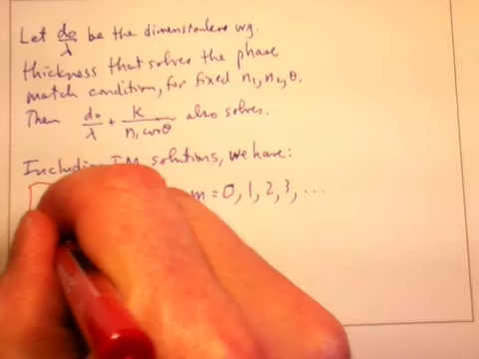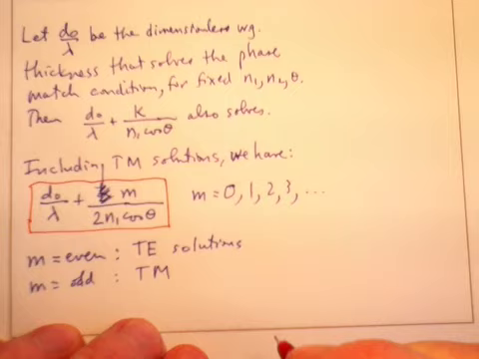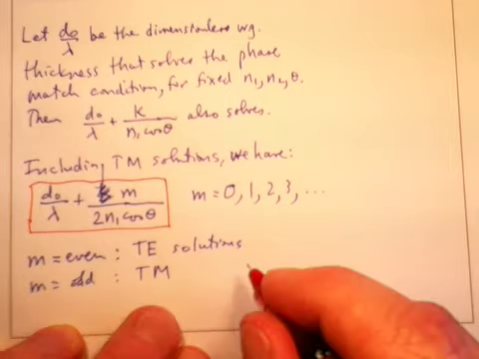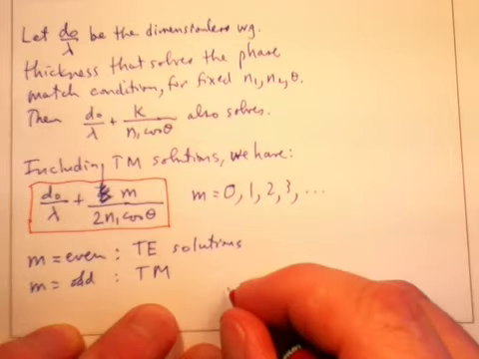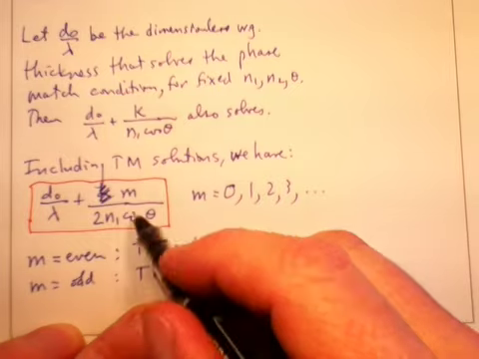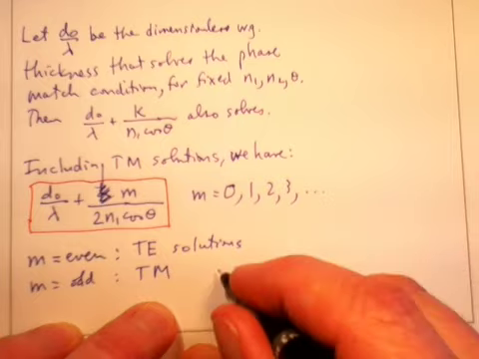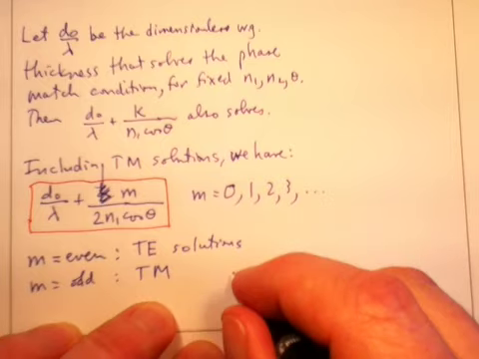Now we can interpret this equation and say that for a particular theta, n1 and n2, we have the mth solution to d over lambda.